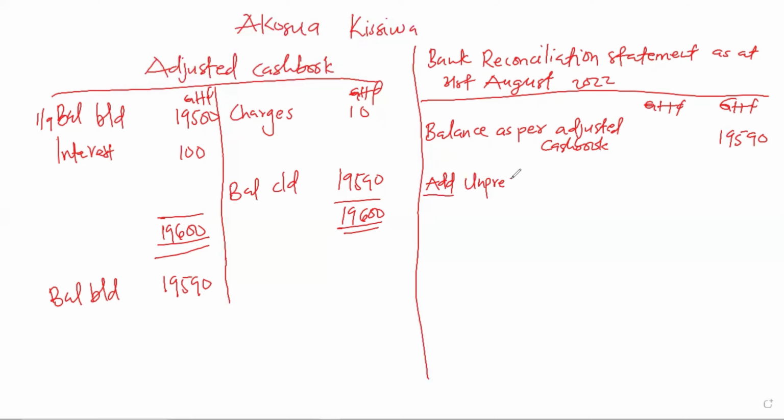So now let's go back to the question and find our unpresented checks. When you are given this cash book and bank statement, this is how you find your unpresented checks. When you are preparing the bank reconciliation statement, you check from the cash book to the bank statement. When you are preparing the adjusted cash book, you check from the bank statement to the cash book.